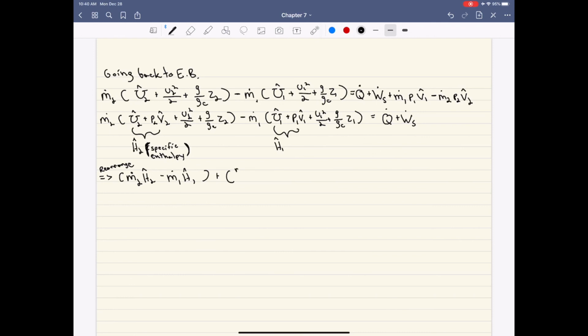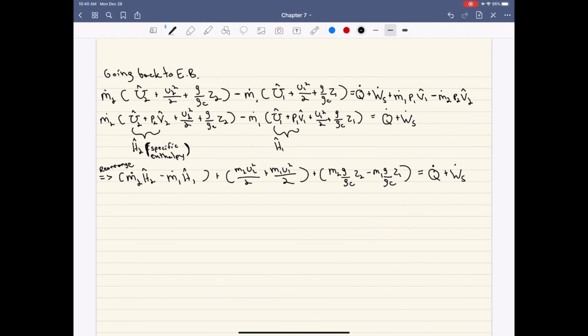Then in the next parentheses, I'll have the kinetic energies, and in the third parentheses, I will have the potential energies. And that's the left-hand side. On the right-hand side, I just have Q dot plus shaft work.